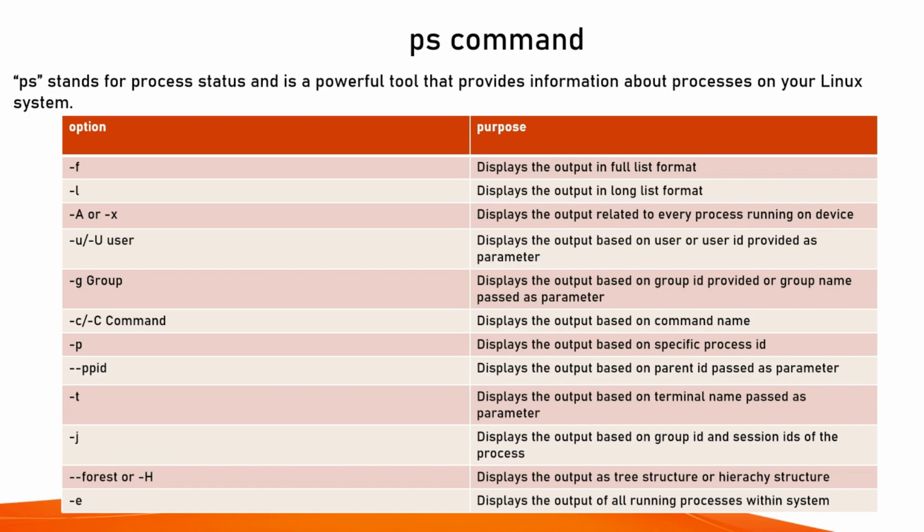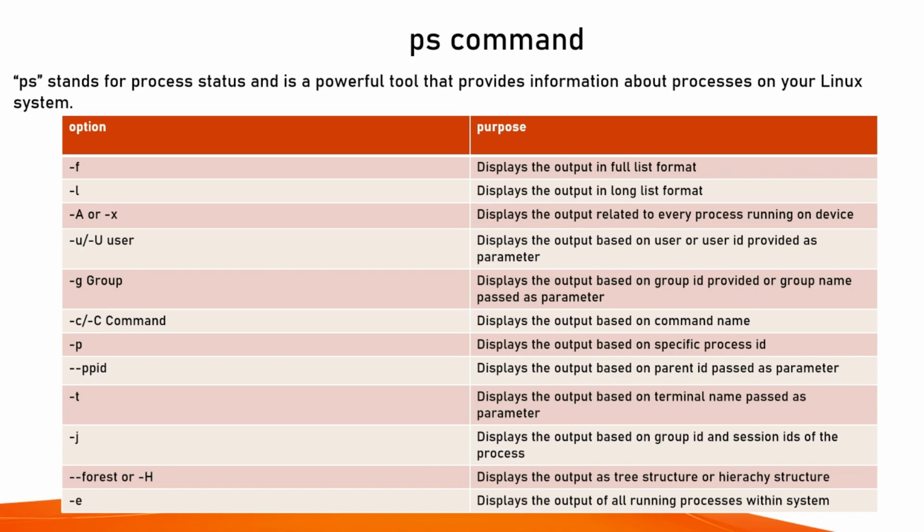Moving to the next one, we have -x or a capital -A, and this will help you display the output related to every process running on the device. By this, it means all the system processes as well as user driven processes, everything running on the Linux server would be displayed with this parameter when passed to the ps command.